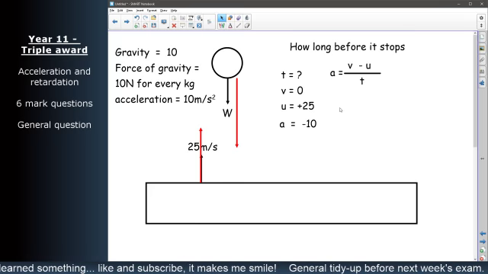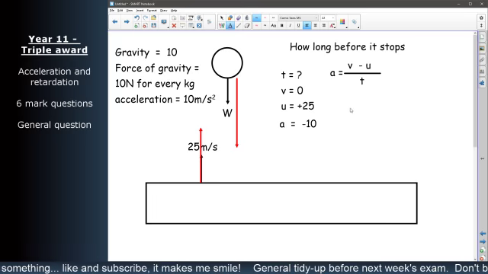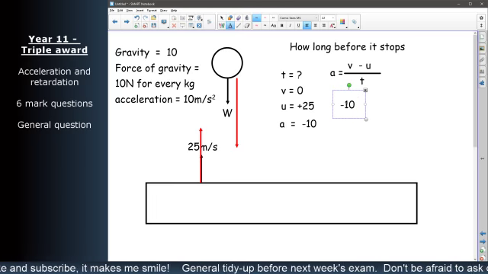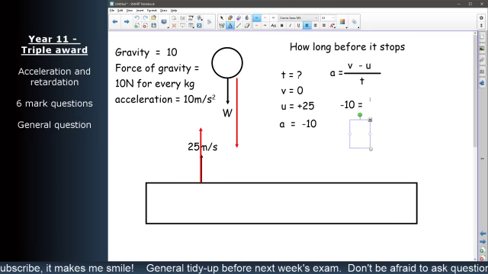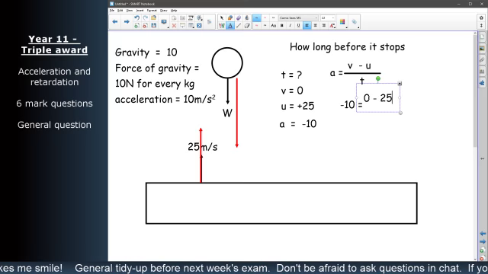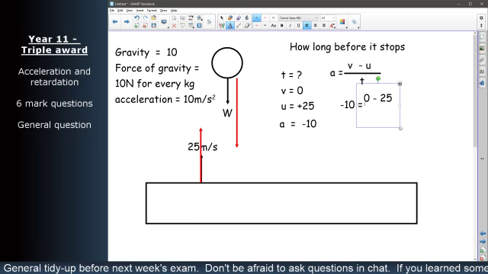Okay, so once we've got that, we finish our equation off by popping these in. So we get minus 10 equals v minus u, so that gives me 0 take away 25, take away positive 25, divided by our time, which we didn't know. That was what we were after, so that's over t.